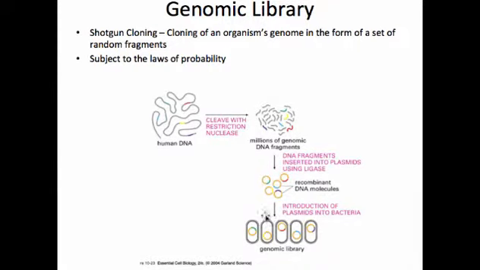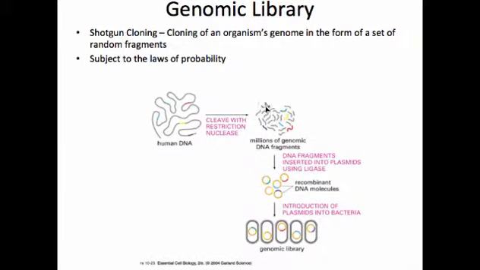So for this to work and for us to be able to clone and create a genomic library, we want to make sure that we have all of the genes that would be present in an organism. And so to ensure with high probability that a desired sequence is represented at least once in the library, there has to be a high number of randomly generated fragments.